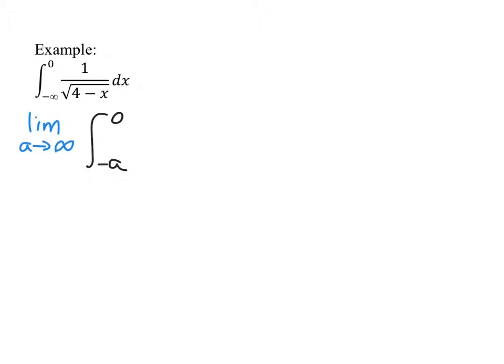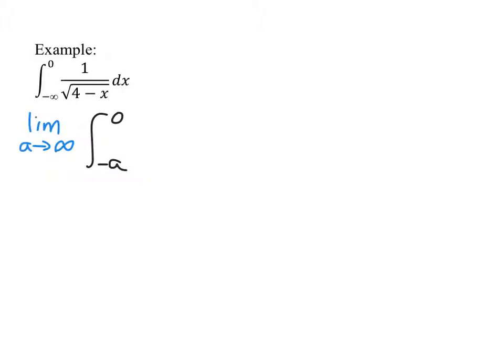So if I'm letting the lower bound be negative a, then having a approach positive infinity would indicate that the lower bound would be approaching negative infinity. All right. Or I could just let the lower bound be a and have the limit approach negative infinity. All right. You really can't go wrong with that.